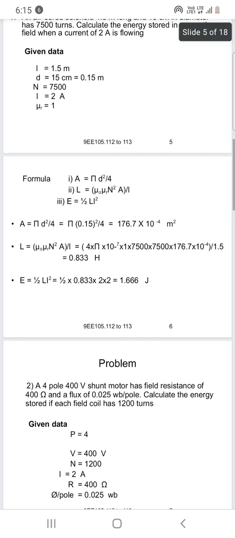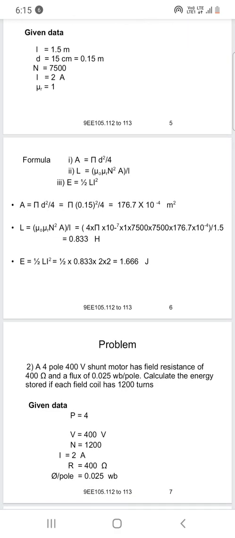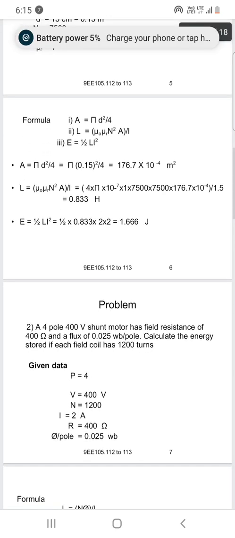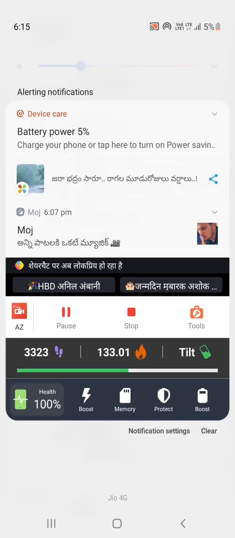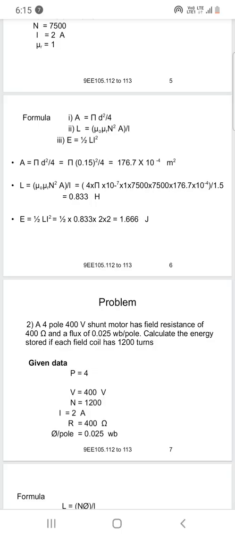Next, we calculate L. L equals mu naught, 4 pi into 10 to the power of minus 7, into mu r, the relative permeability, equal to 1, into n squared, where n is 7500 squared, into the area of cross section 176.7 into 10 to the power of minus 4, divided by 1.5, the length.